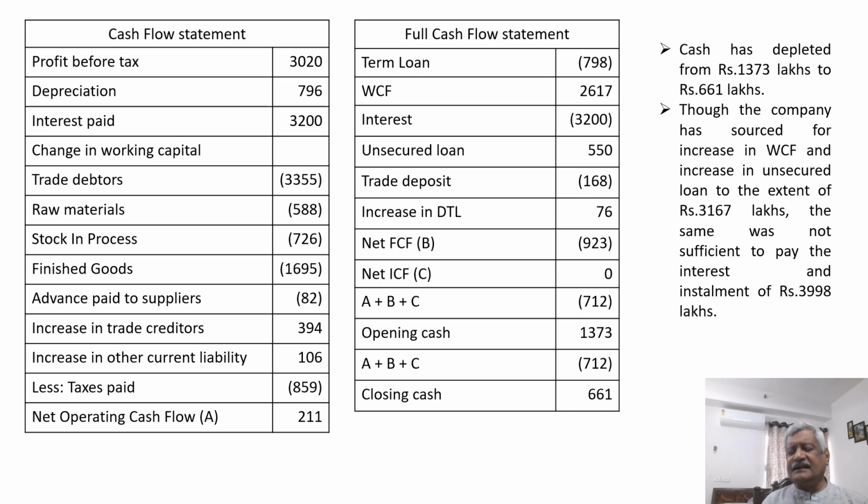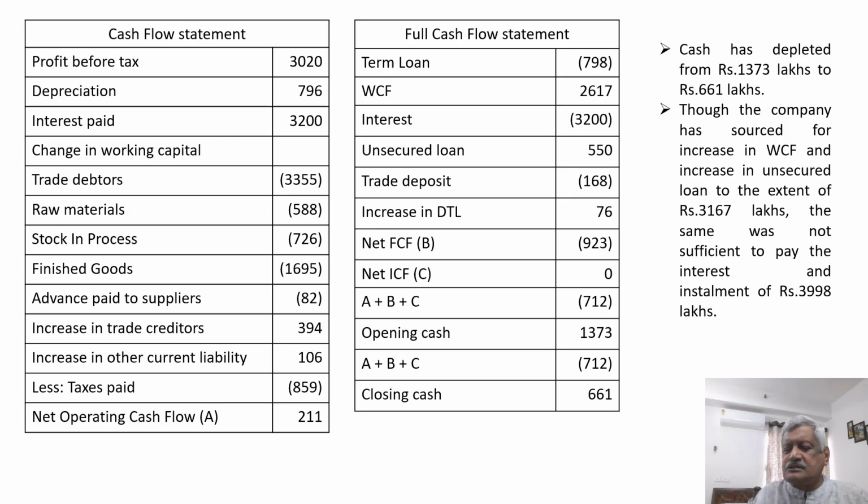The business had an opening cash of 1373. Deducting this 712 from there, we will find that the closing cash depleted to 661 lakhs. So the cash has depleted from 1373 lakhs to 661 lakhs.